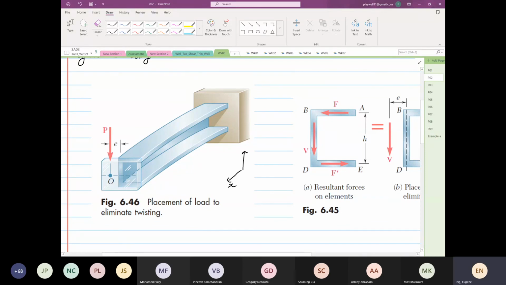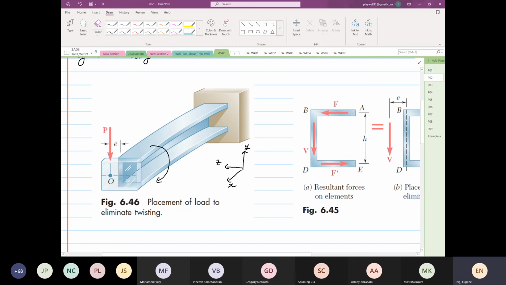X, Y, and this is Z. So the structure originally wants to twist. It's going to twist in this way, right?